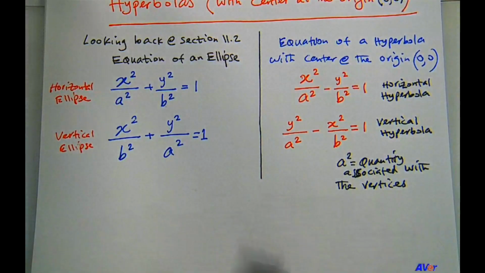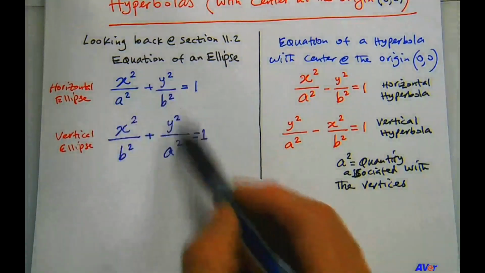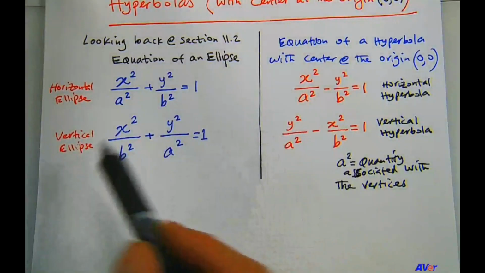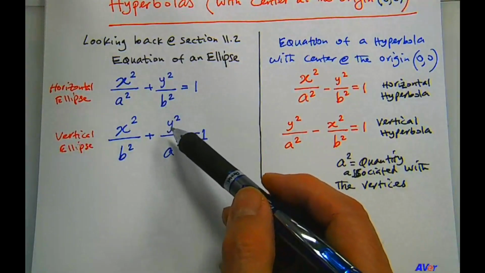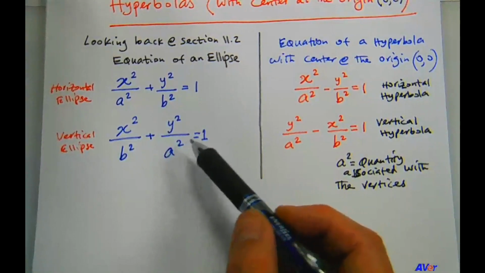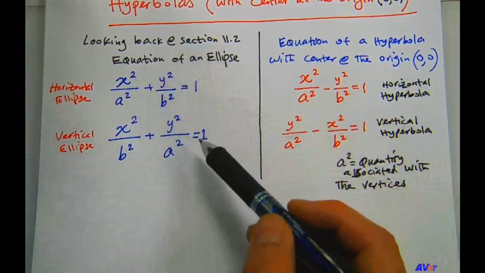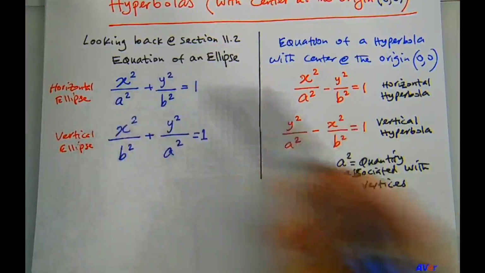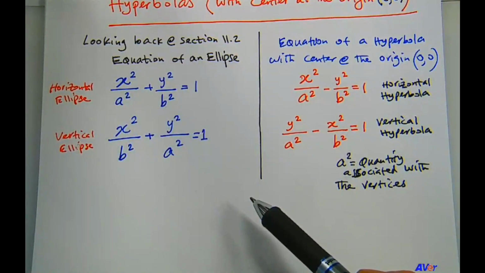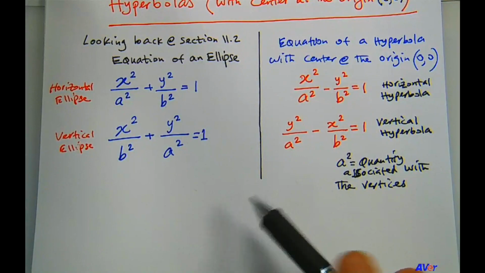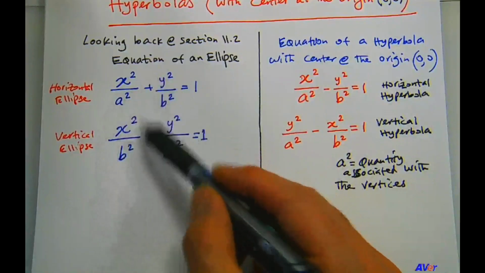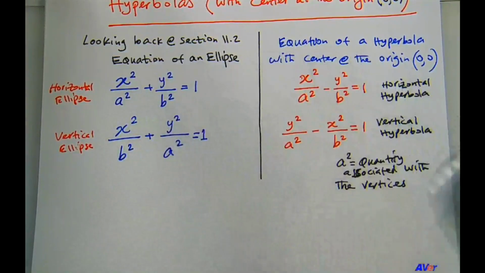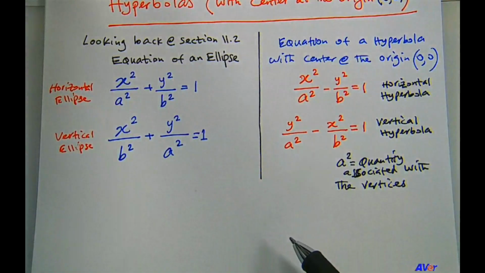This is very important, the differences between the equations, because they're so similar but so different at the same time. So I encourage you to watch this segment of the video again, as many times as necessary, so you feel comfortable with what's going on with the equations of the ellipse and what's going on with the equations of the hyperbola.